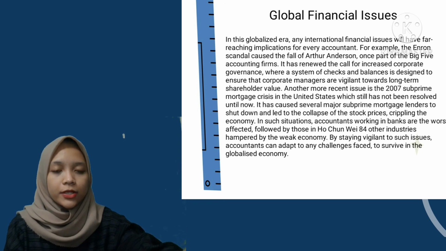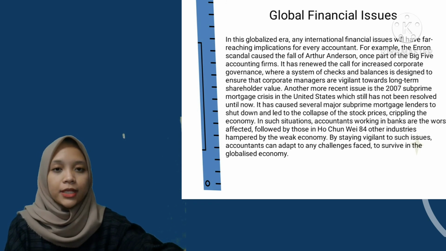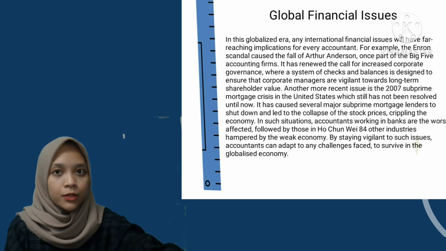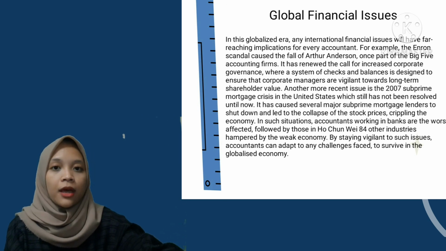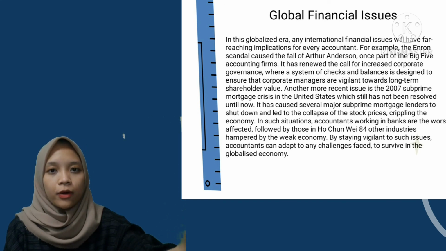So in this globalization era, we as accountants must be up to date about what is happening today, what is the impact of that issue for our company, for our finances, or for our investment, so we can prevent loss that might arise in our company, and that will make our profit stable.